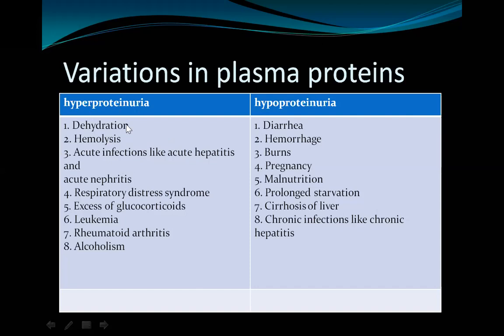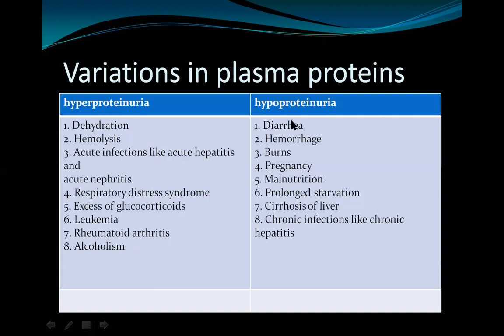In acute infections like hepatitis and acute nephritis, you'll find that plasma protein levels are elevated. Also in rheumatoid arthritis, alcoholism, excess glucocorticoids, leukemia, and respiratory distress syndrome, among others.